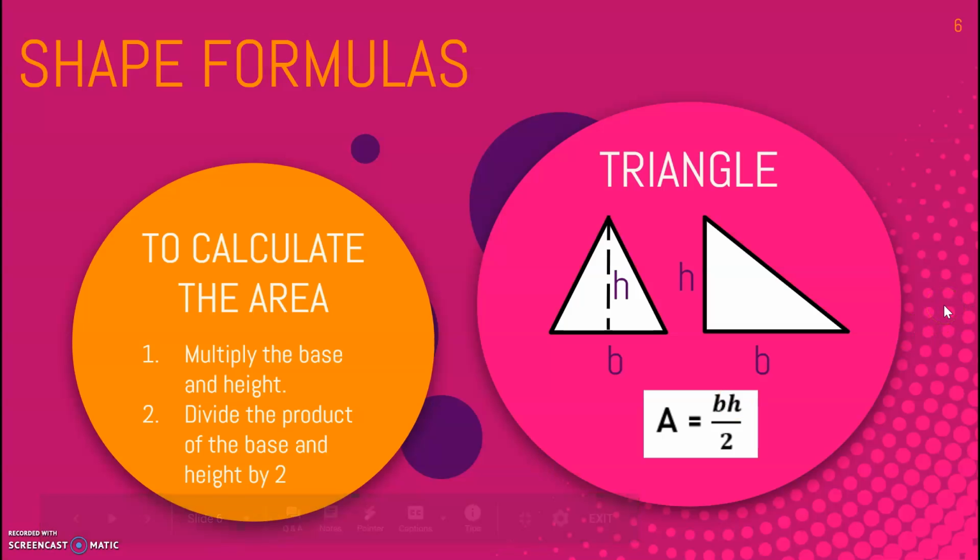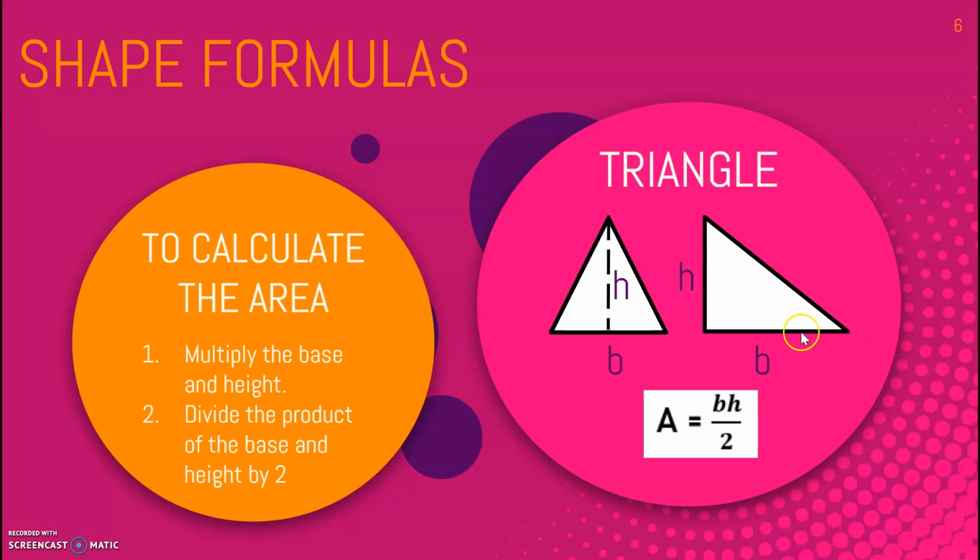Now for the triangle, to calculate the area, it's a little bit different. So with triangles, again, we need to look at the base and the height, but then we have to take that second step and divide by 2. Now, if you can remember when we were first in class and we were learning about this, the reason that we have to divide the base times the height by 2 is because think about if we had finished off this triangle, it would make a square or a rectangle.